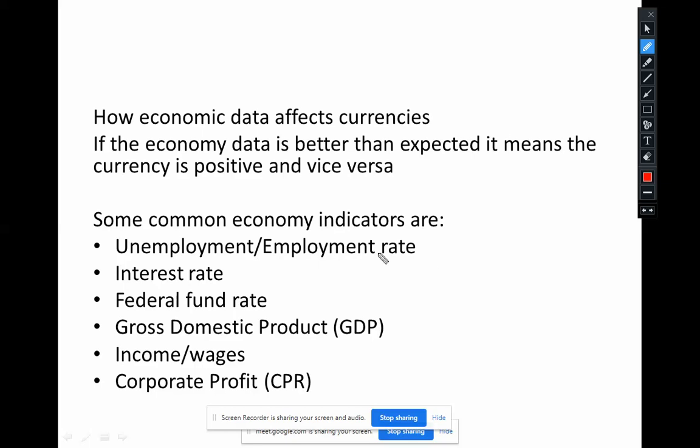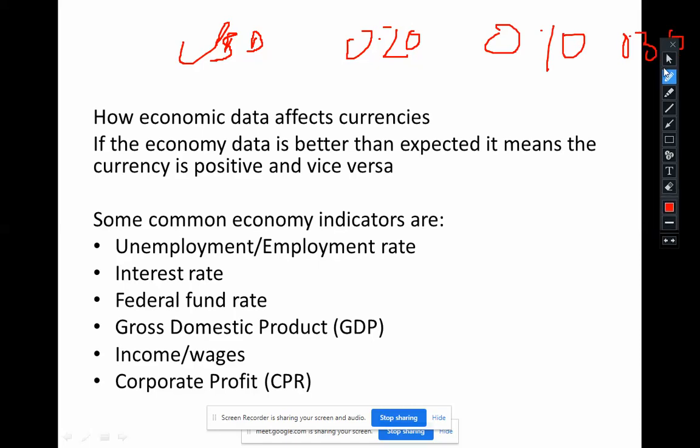If the unemployment rate of USD is, just like I explained, 0.20, and what we are expecting is 0.10, and the previous, that was last month, is 0.30.